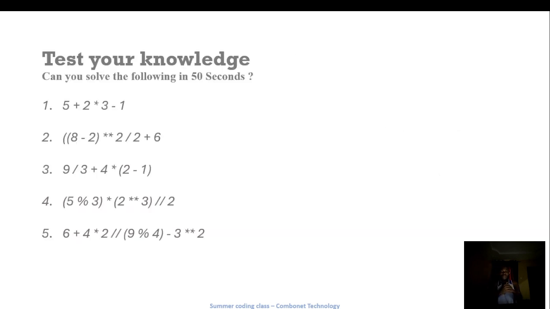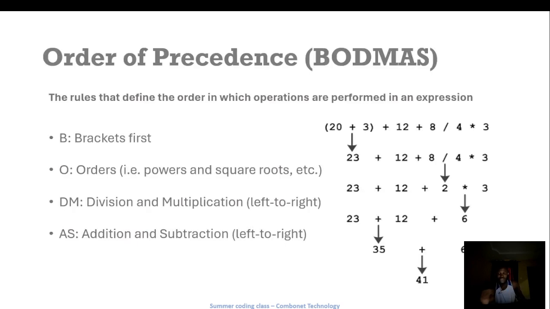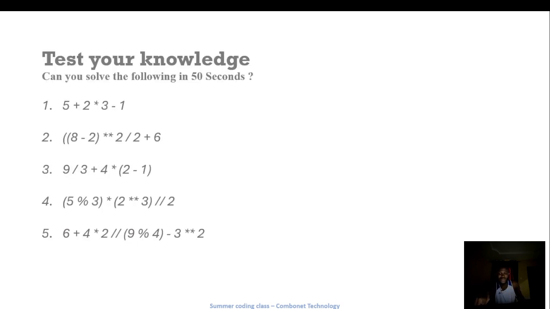So test your knowledge. Can you solve this in 50 seconds? Let's see. Follow the order of precedence. Let me do number 1 for you. If you're following the order of precedence, we have to go first with multiplication. If there's no bracket, there's no order, we have division and multiplication. So in this case, just multiplication. We do this first. 2 times 3 is 6.